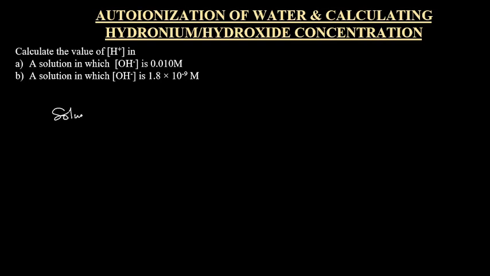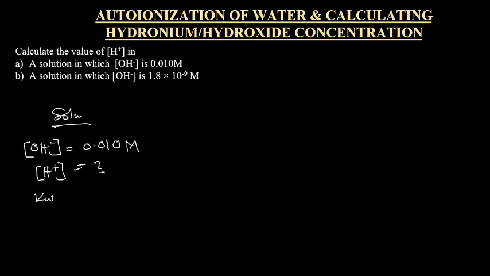Solution: we have OH minus concentration equal to 0.010 molar, and we are supposed to find the value of H plus concentration. So H plus, let's put a question mark here.